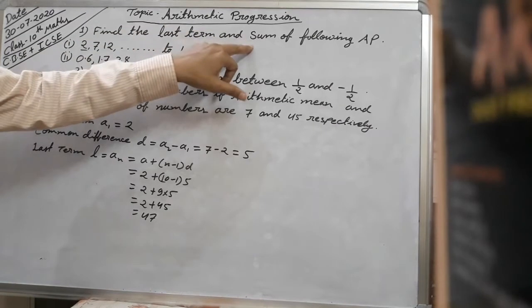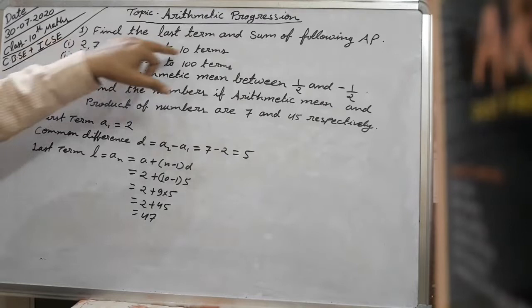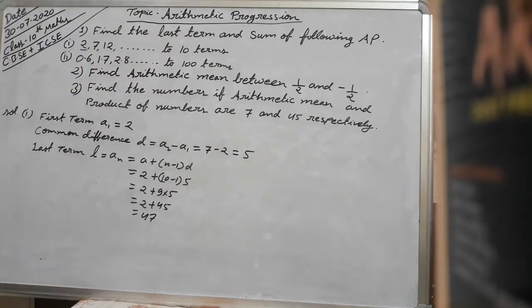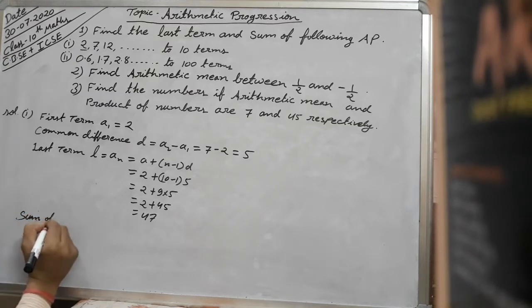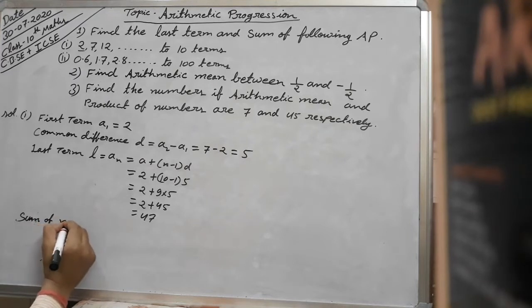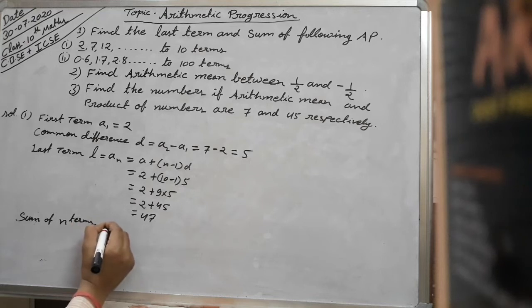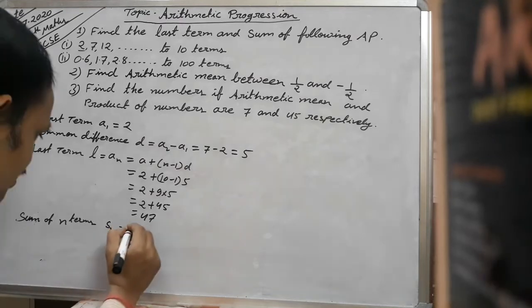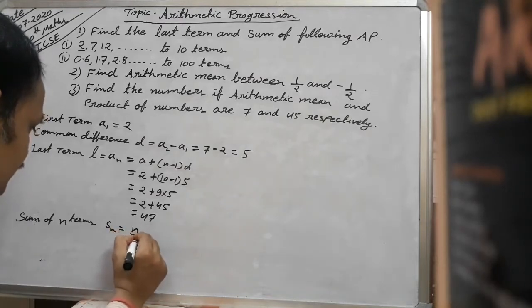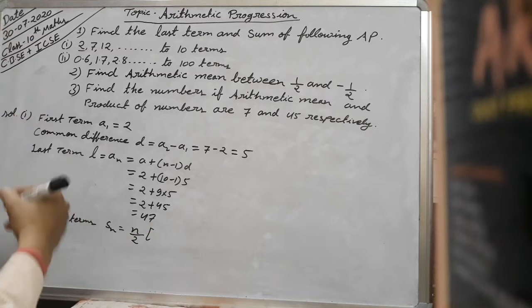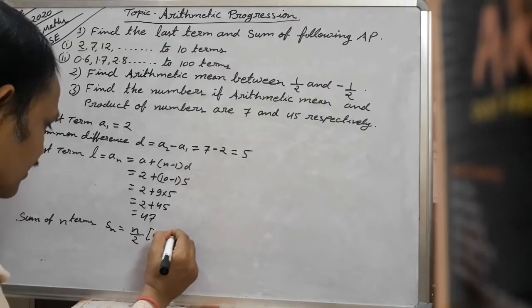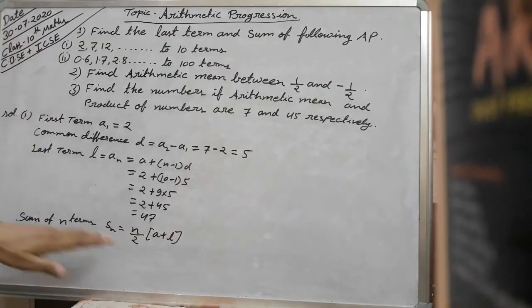Now second, you have to find the sum of all these terms. What is the formula of sum of n terms? Sn is equal to n by 2 into a plus L. Here two formulas there.